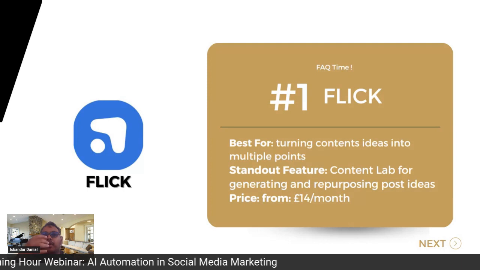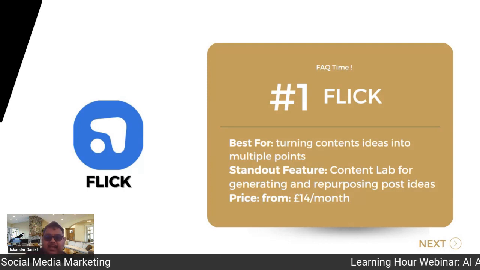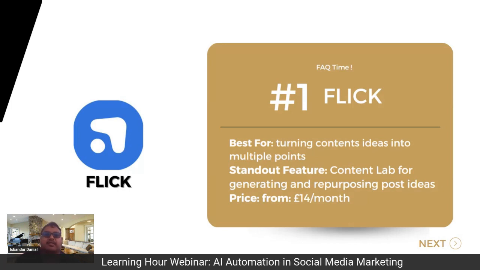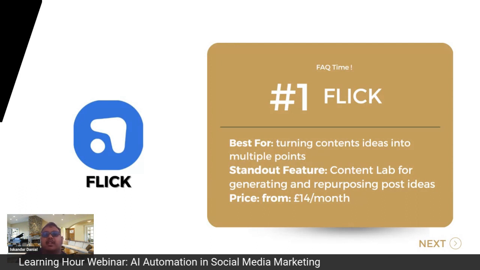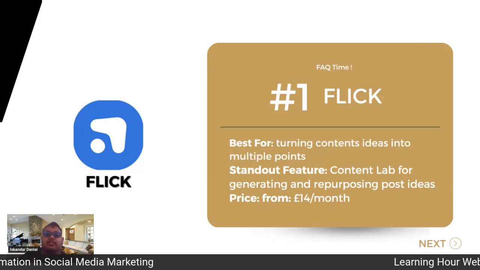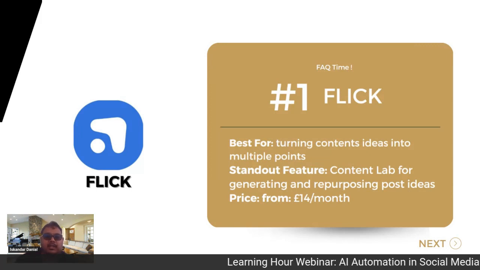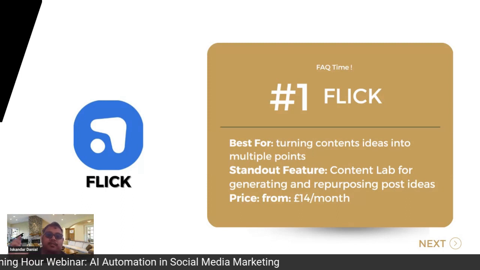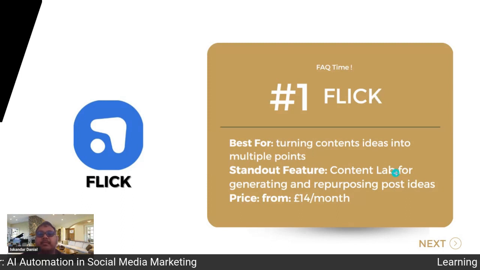So if you are a company that has multiple business lines, say you're coming from Nestle, where you have Milo, Nescafe, and so on, with multiple pages for each of the products, then you can use Flick to schedule the posts and generate the ideas for each of the business lines within just a few seconds and clicks.